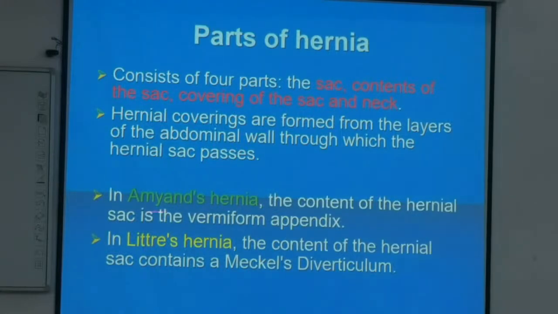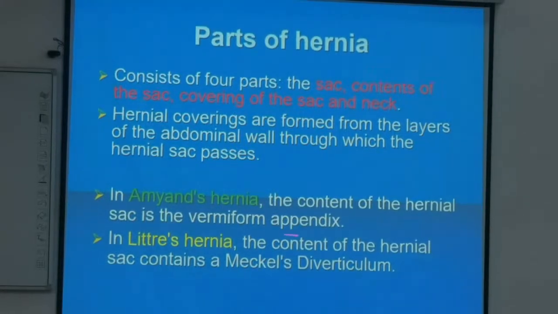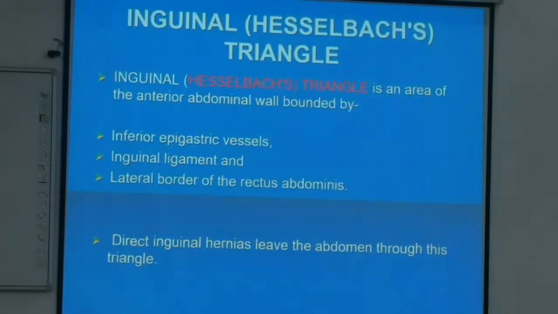See, in Amyand's hernia, content of the hernial sac is vermiform appendix. In Littre's hernia, the hernial sac contains Meckel's diverticulum. Meckel's diverticulum is an extension from the small gut. You will learn during the abdomen. So, contents are different in different hernias.